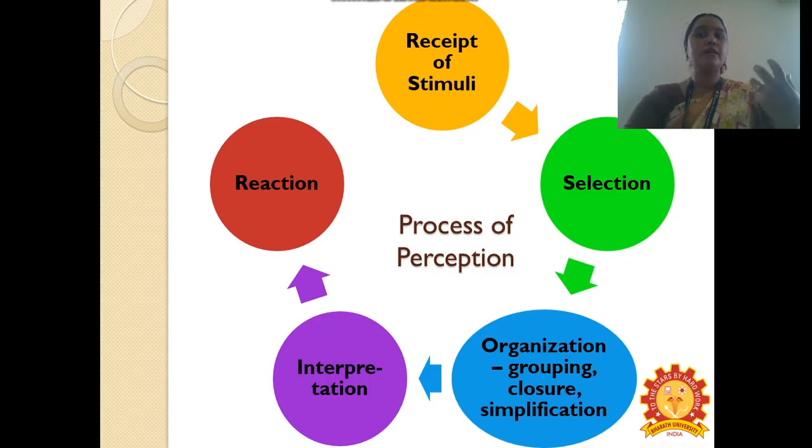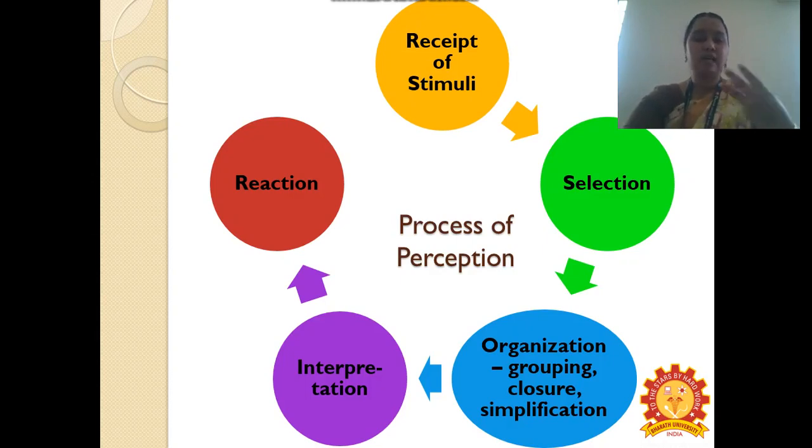It is not possible for individuals to consider everything in the environment. We know that there are 5 senses, and each sense is going to come up with a stimulus. We will not be able to consider all 5 stimuli at one particular time, so we have to select what kind of stimuli we are going to take in for perception.